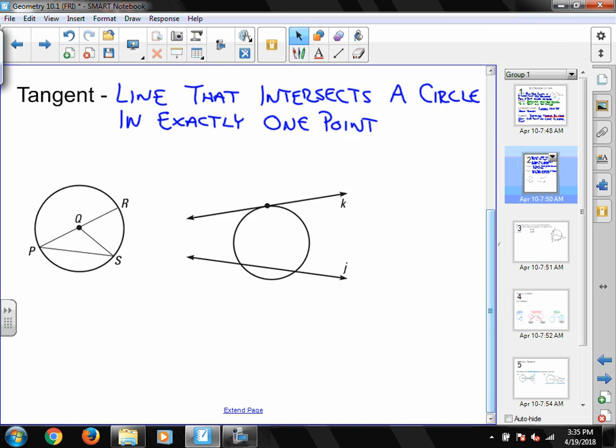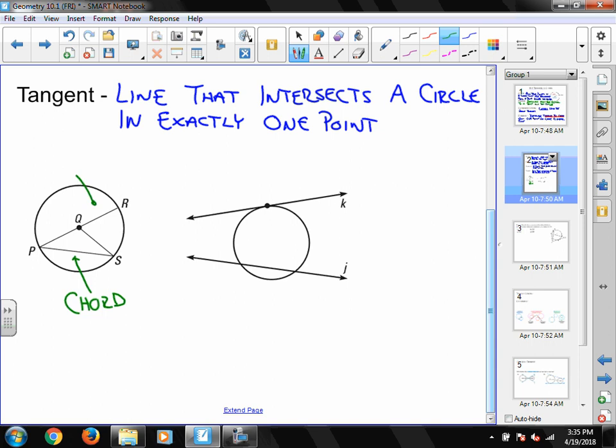So, just so you guys have visuals of these here, PS, this is going to be a chord. PR, this is still our diameter. Okay, so those take care of our chords and our diameters.